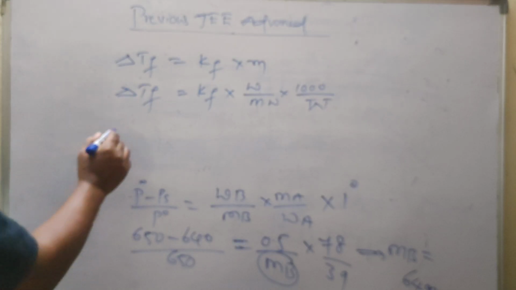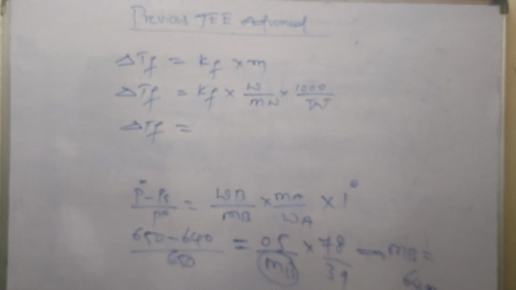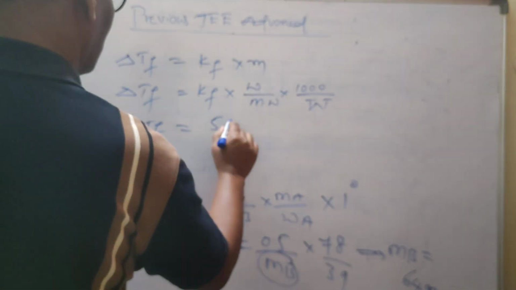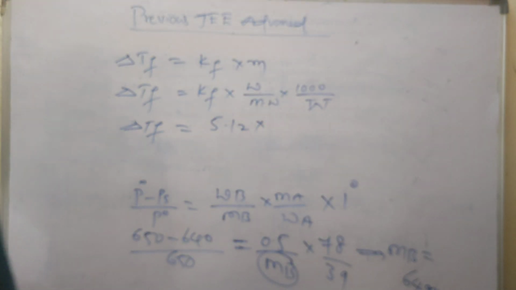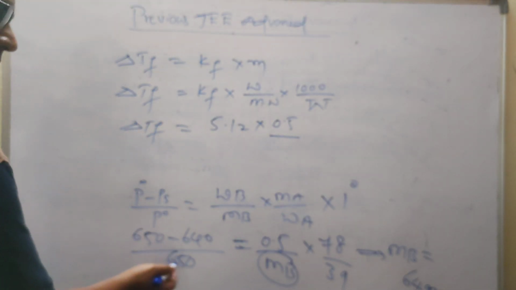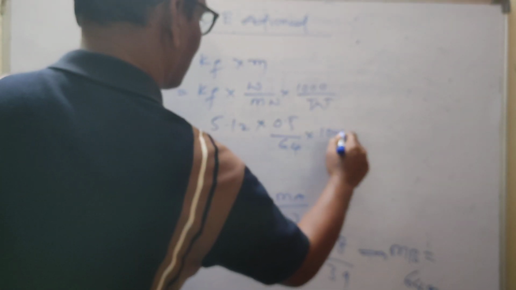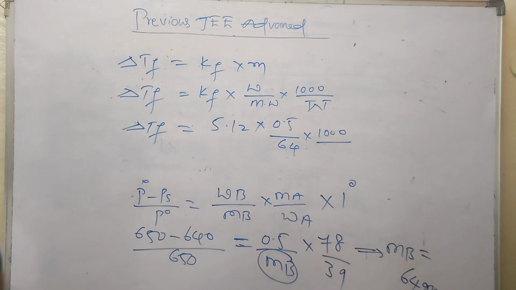Now you start. Delta TF, KF value is given, na? What is the value of KF? 5.12. What is the weight of the solute? Weight of the solute you already know from the problem, 0.5. Molecular weight you got just now, 64,000. What is the weight of the solvent?